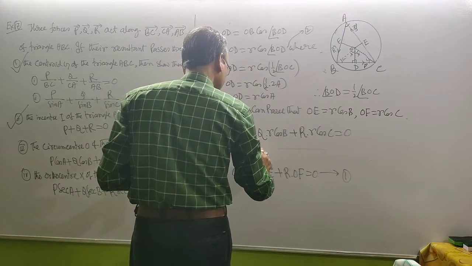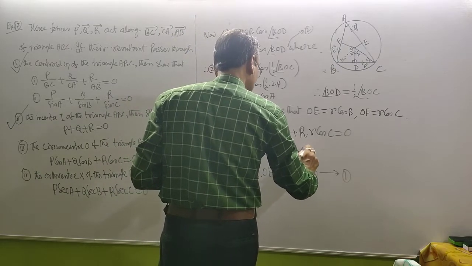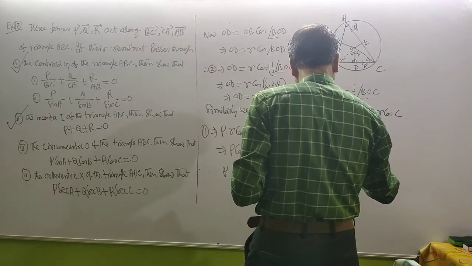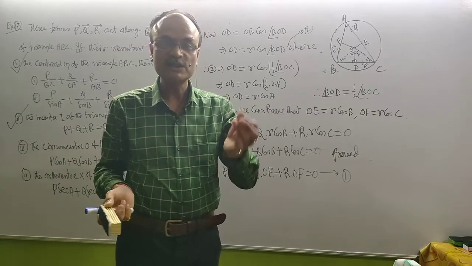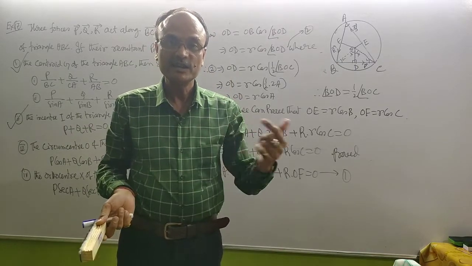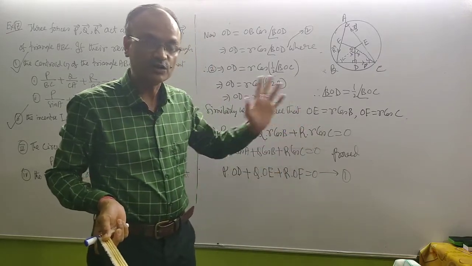So P cos A plus Q cos B plus R cos C equal to 0. Proved. Thus, if the resultant passes through the circumcenter of the triangle, then P cos A plus Q cos B plus R cos C equal to 0.